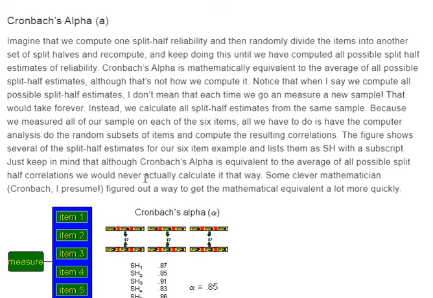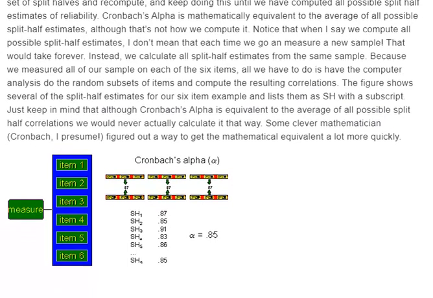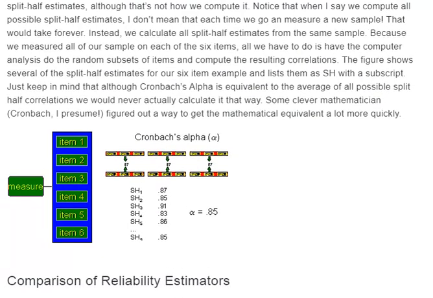Just keep in mind that Cronbach's alpha is equivalent to the average of all possible split half correlations, the estimated correlation of the two halves. Here alpha is 0.85.